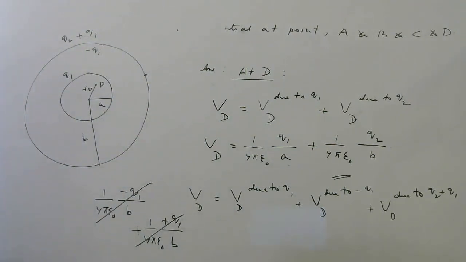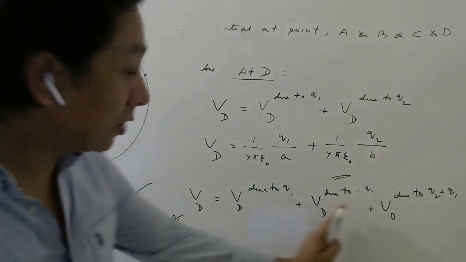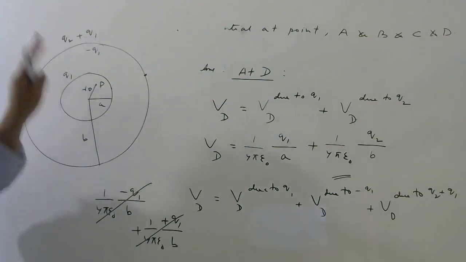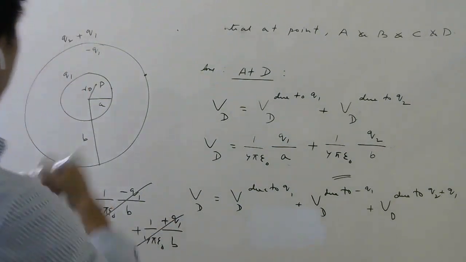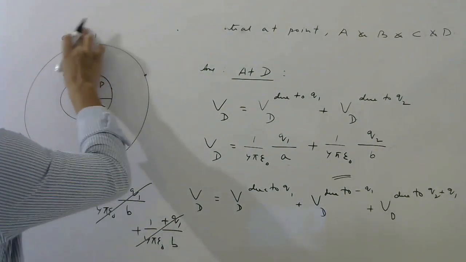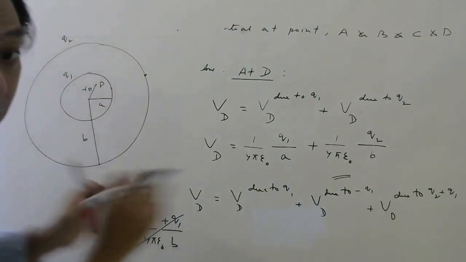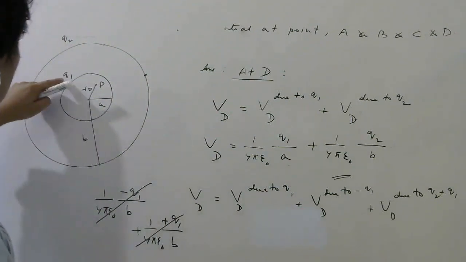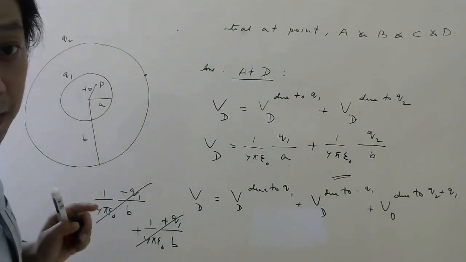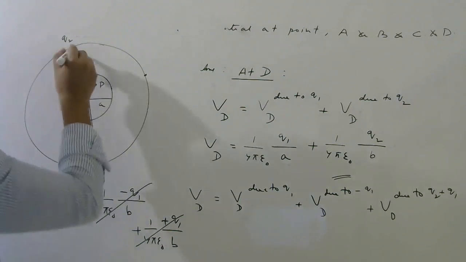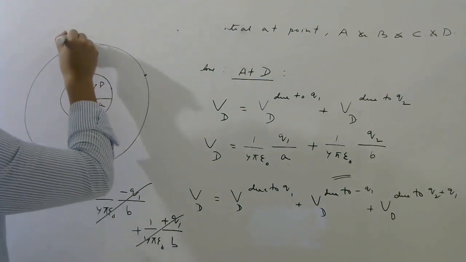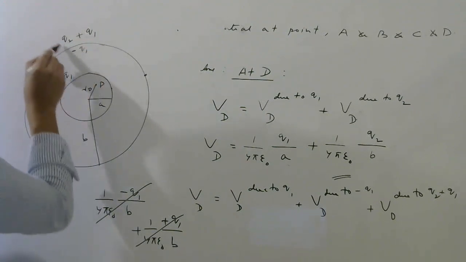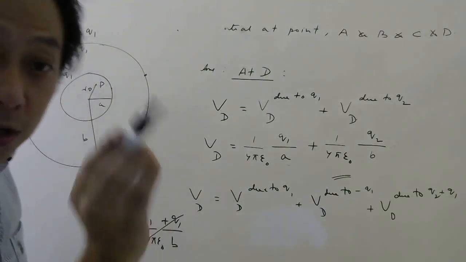Understood, students? So while calculating the potential at any point, I did not worry about the distribution of charge. Simply I said this was given charge Q1, this one was given charge Q2, and then I calculated the potential due to this charge and this charge. Actually what happens is this charge will induce minus Q1 charge here, as I have explained. Then there will be plus Q1 outside, including the charge Q2 which it was already given.